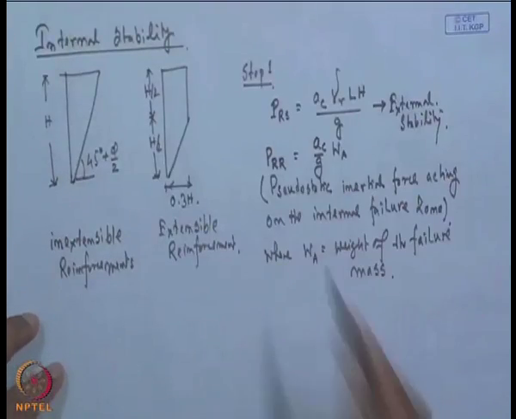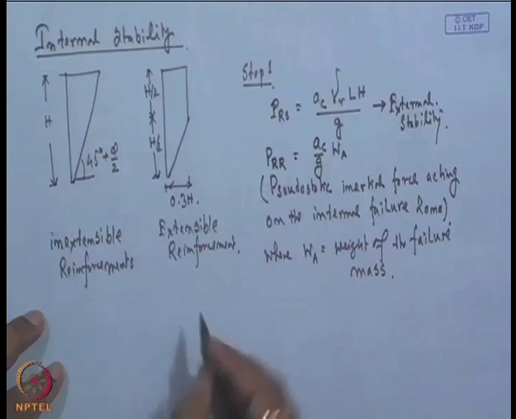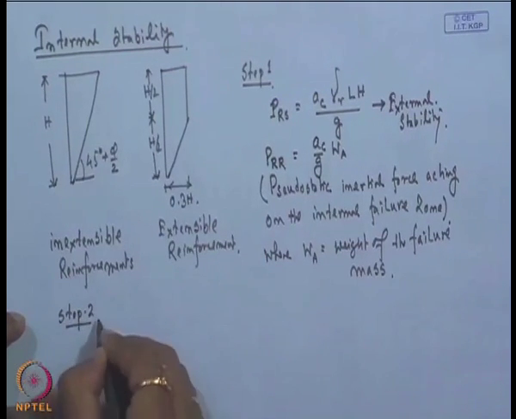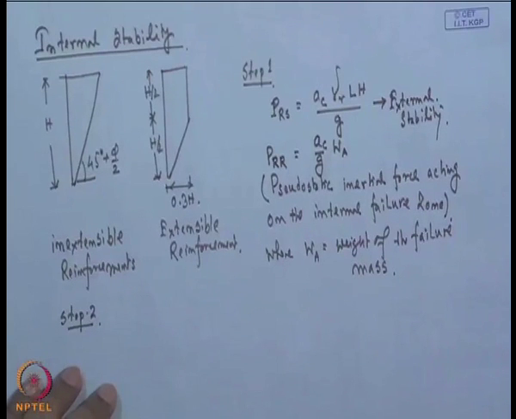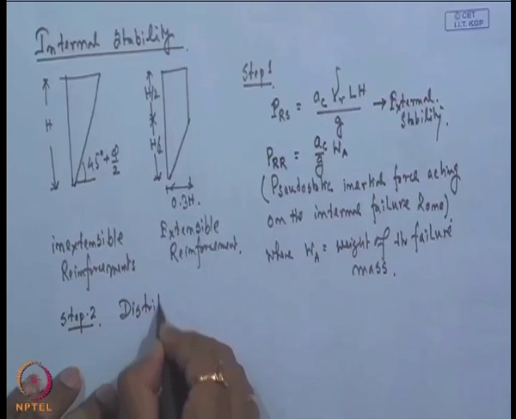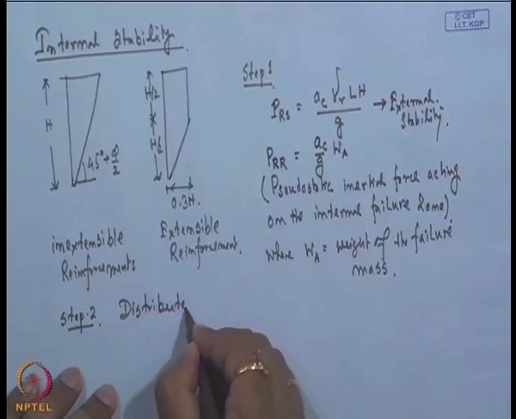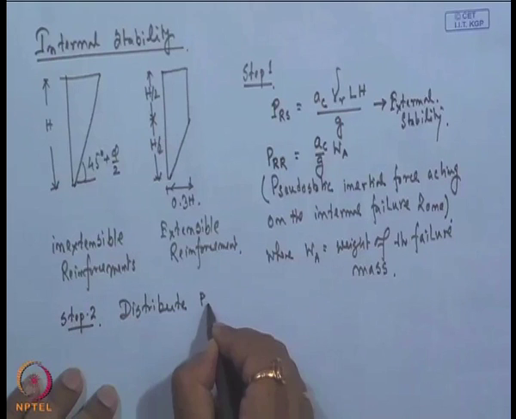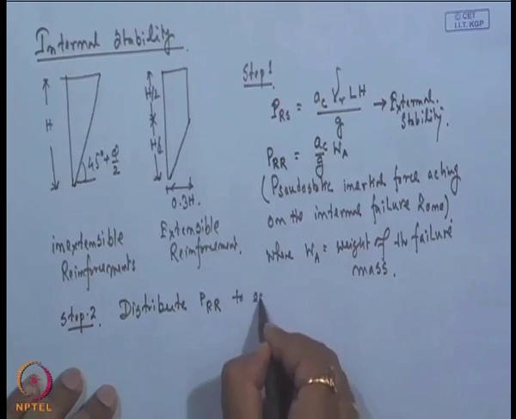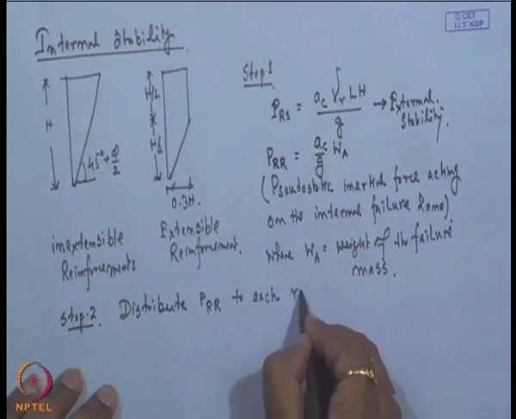Now, once we get this P_RR, step 2 is to distribute this P_RR to each reinforcement.